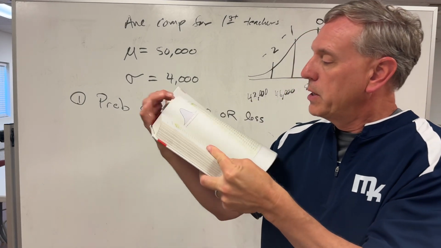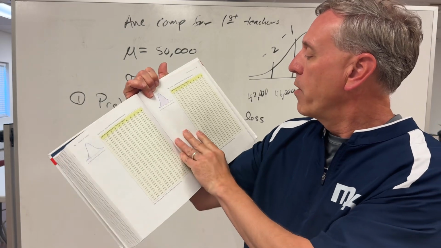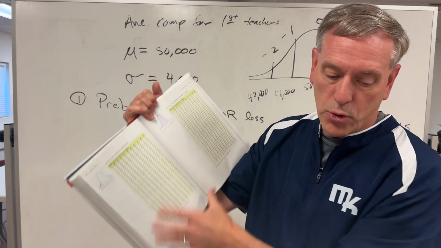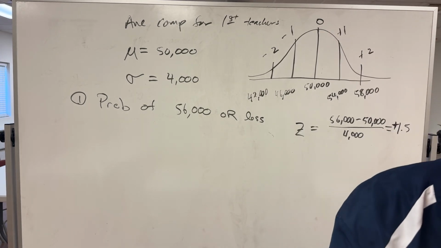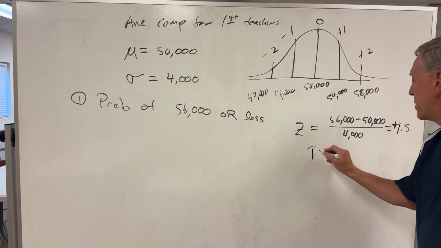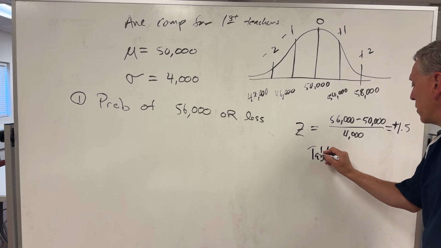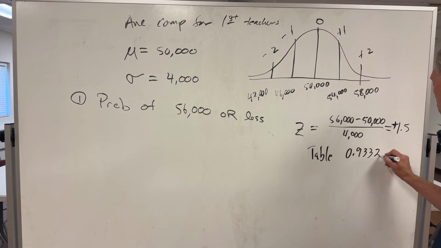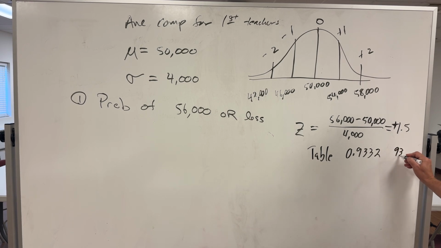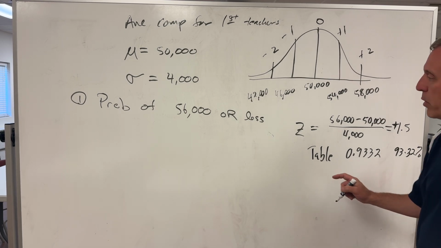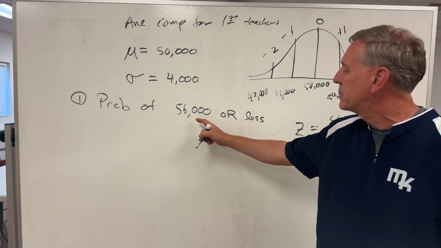At 1.5, we have 0.9332, or 93.32%. So that's from the table. If you ask, what's the probability of making 56,000 or less?